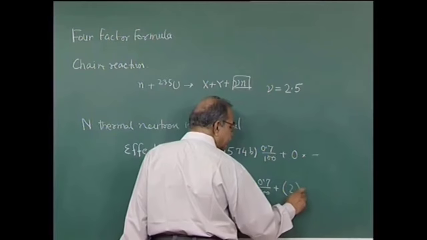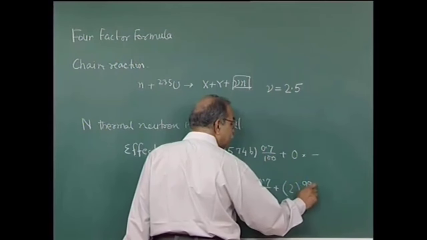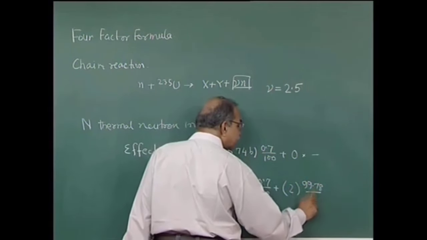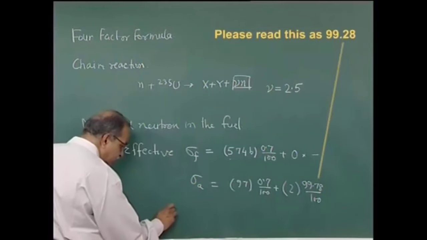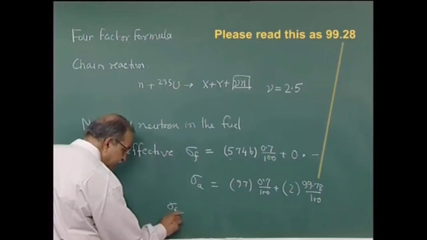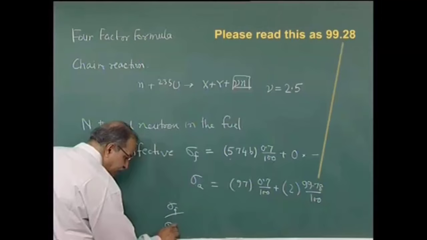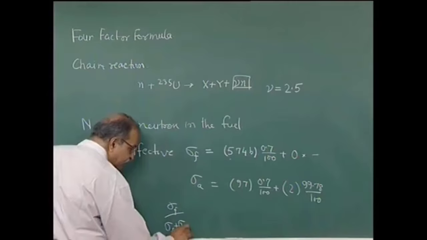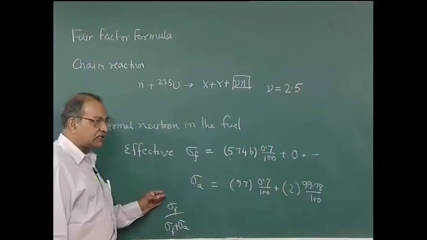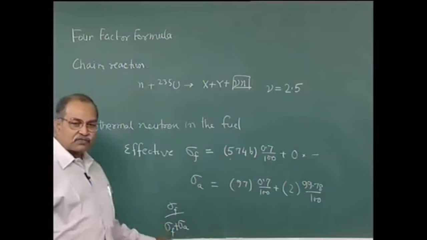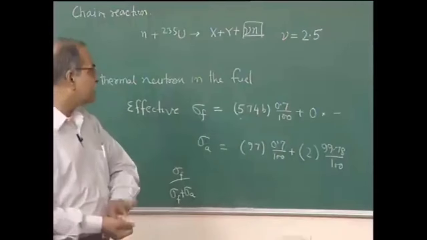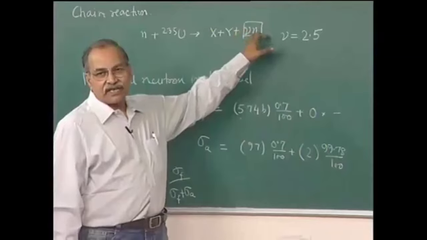That is there, and then you have 99.3 by 100, and the fraction sigma f by sigma f plus sigma A, right. By this fraction it is reduced, because the fraction which fissions is what gives you nu times N.